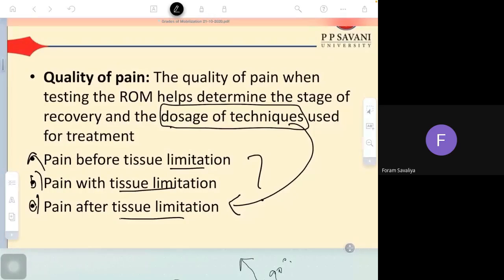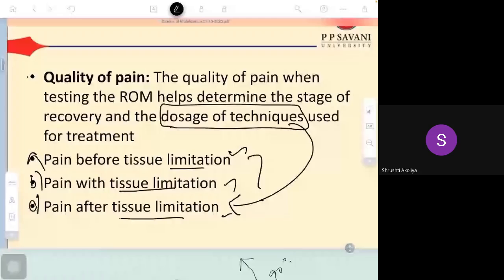For that we will discuss in practical lectures. In order to identify the dosage of technique, you will assess the quality of pain. Are you clear? Anyone, yes or no? Yes, sir. In order to select the appropriate dosage, in mobilization there are so many different grades.